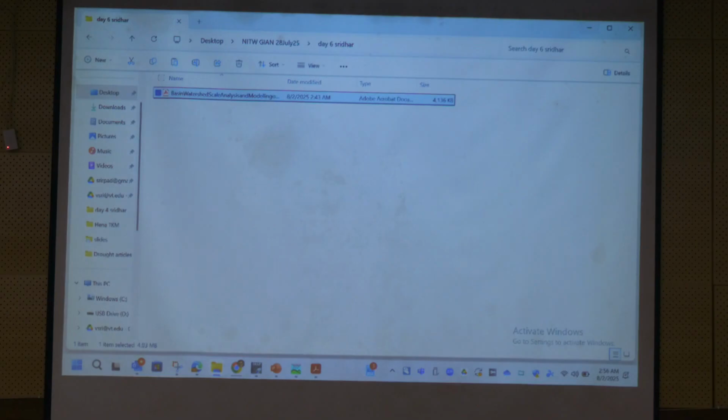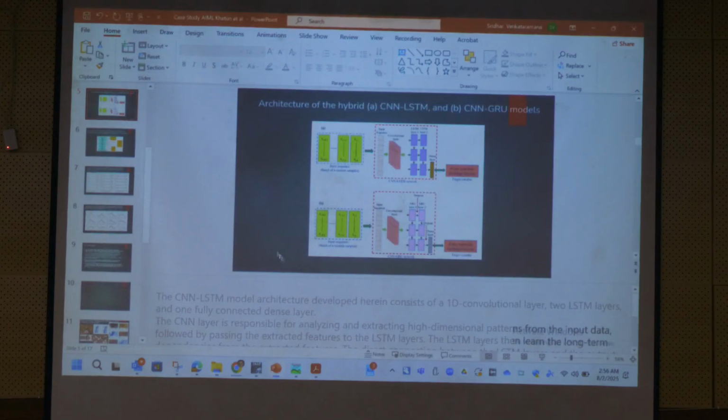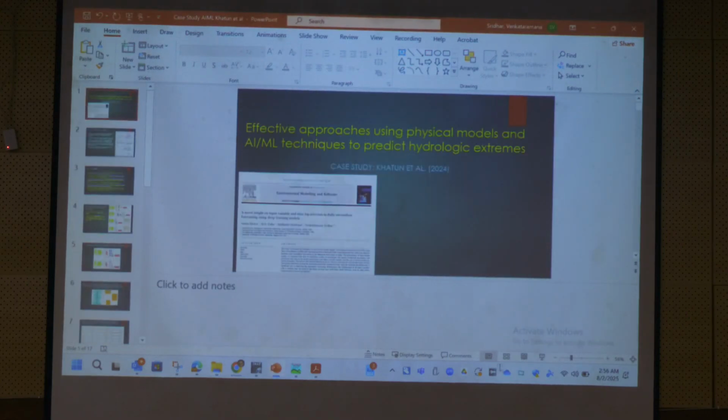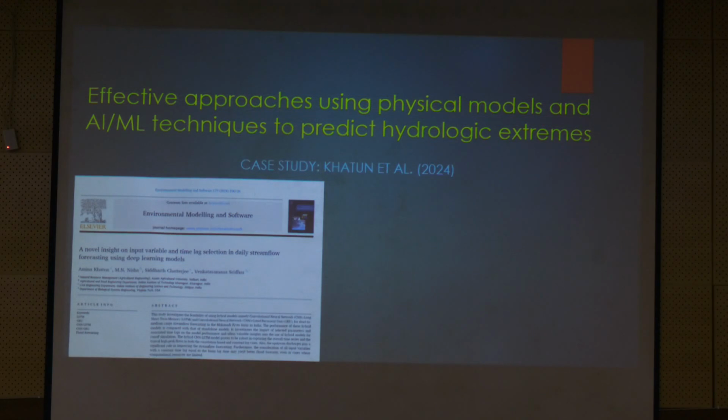Okay. So, with that I am going to take the last 10 to 15 minutes to talk about machine learning based forecasting of stream flow and peak flows. Again, this is a very interesting work done by Amina Khatun from IIT Kharagpur.